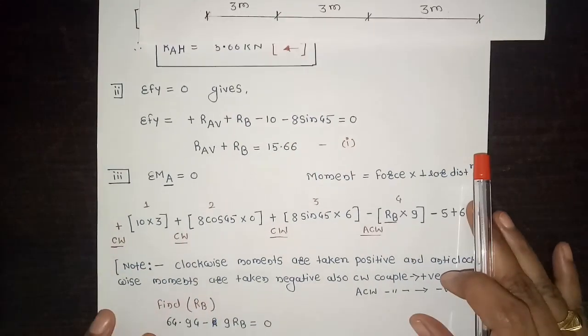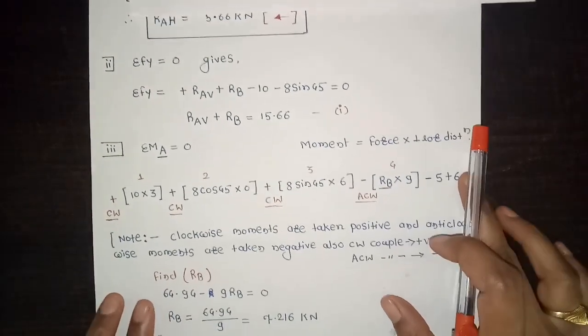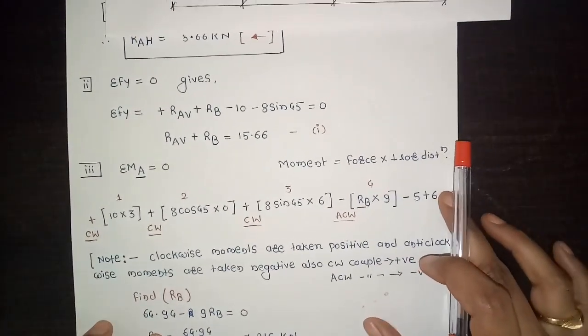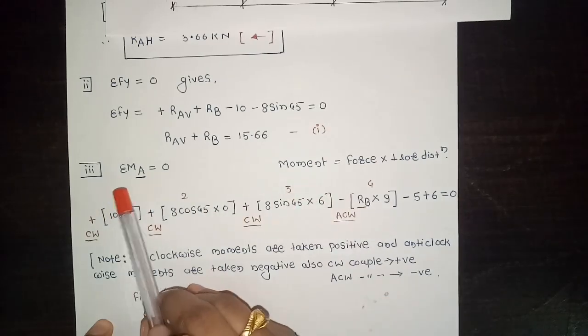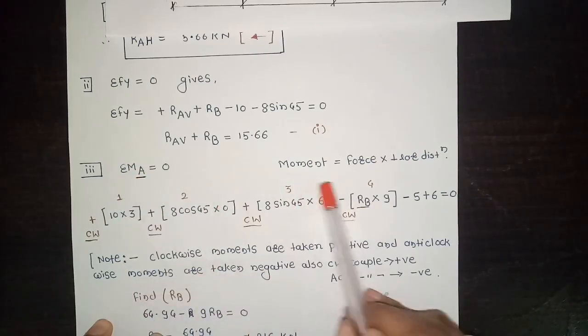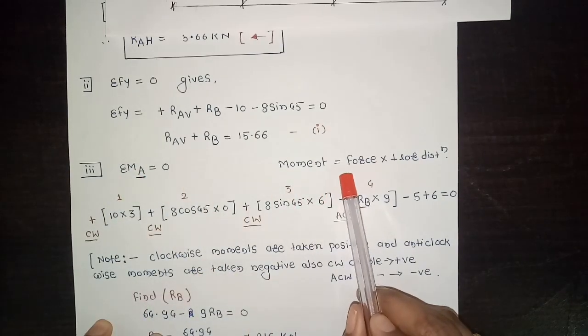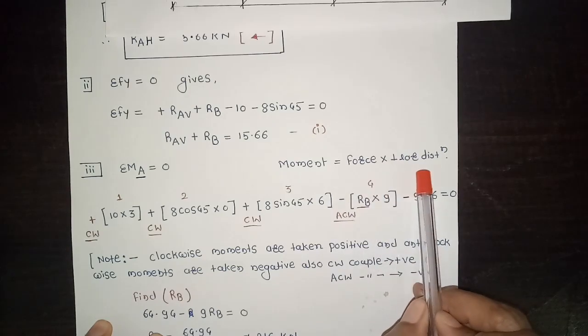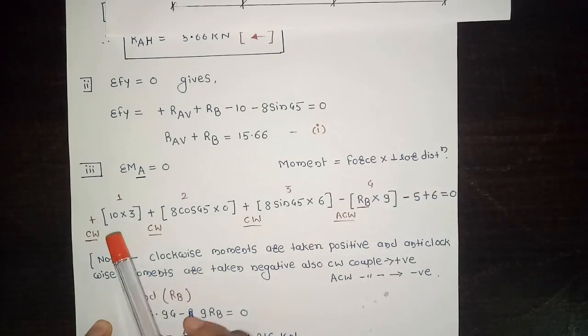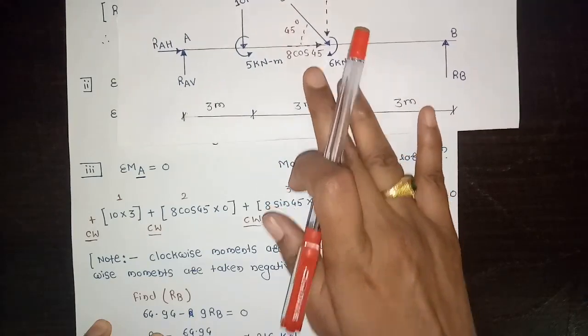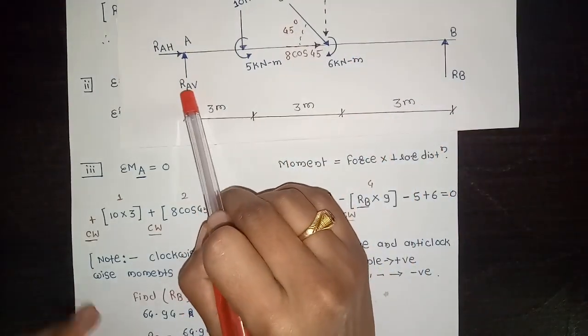Then summation moment at point A is equal to 0. First of all, what is the meaning of moment? Moment is calculated by the formula force into perpendicular distance. So first see this diagram.